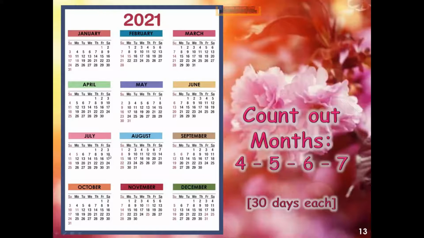The 10th is the 22nd day. The 17th is the 29th day. Then the 18th is the 30th, and the 19th is the first day. Just count by the week: 1, 8, 15, 22, 29. Then you add 30, and then you're at the first day. It's not hard.